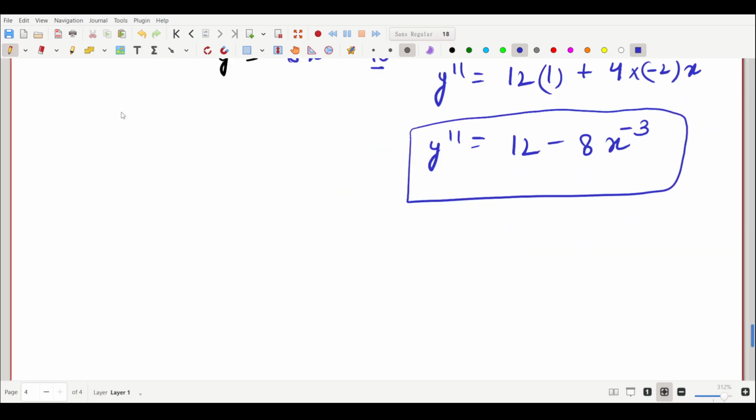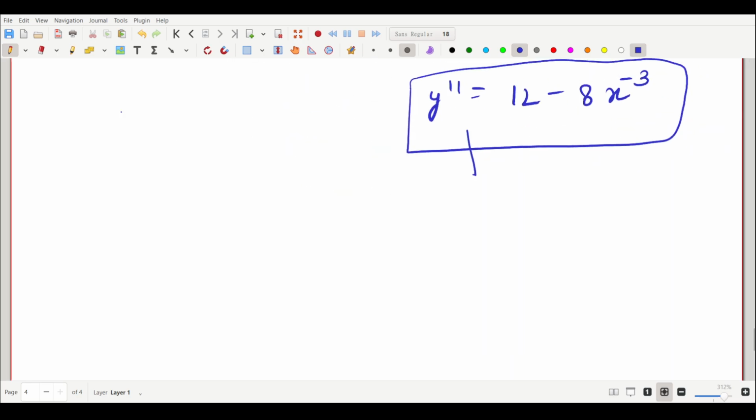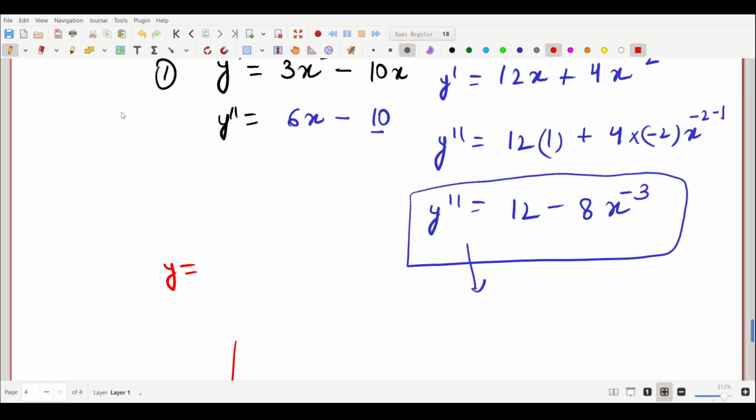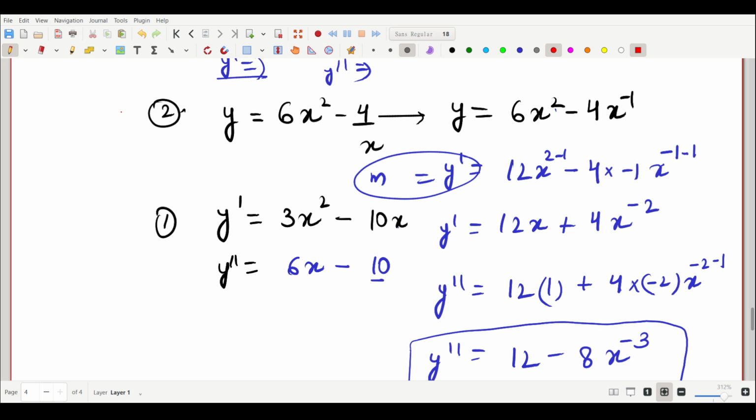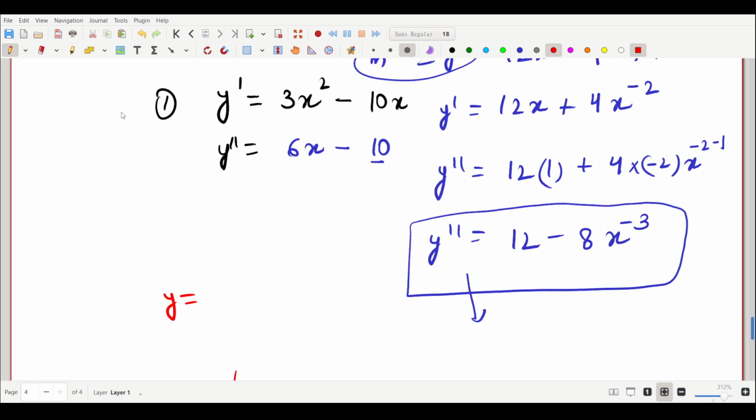This is required in order to find at what value of x. See, if I draw a curve here, the curve represents the equation of y. Let's say the equation of y in this question was 6x square minus 4x to the power minus 1.